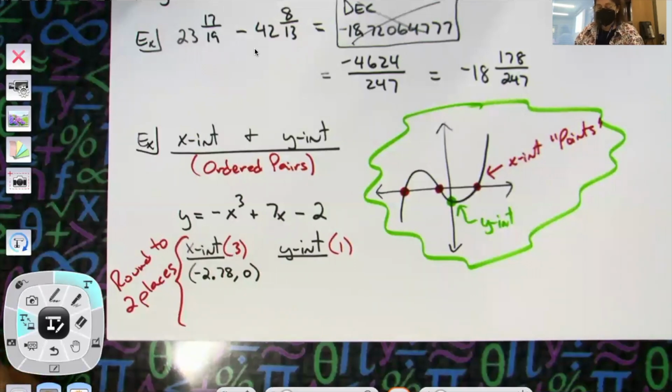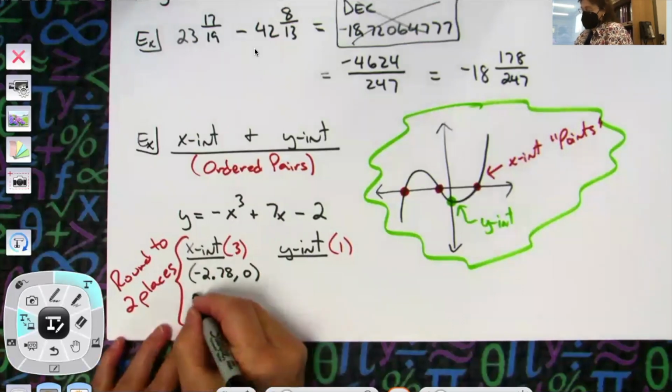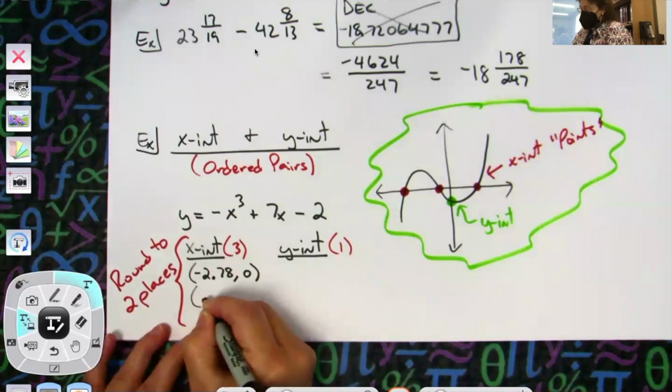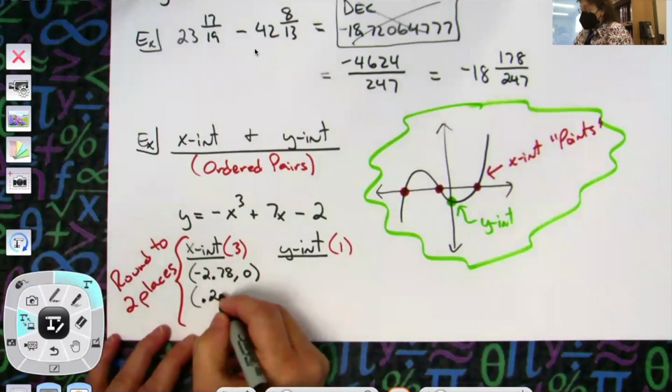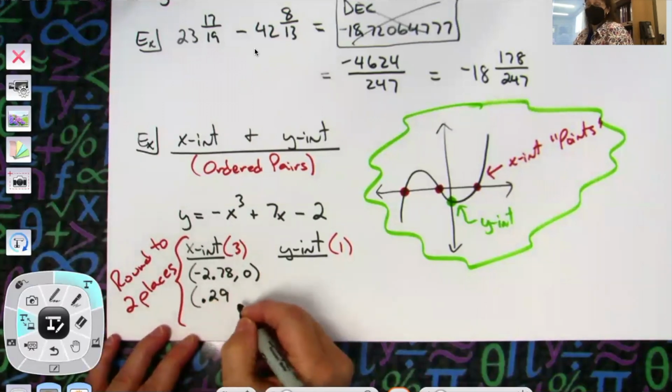I'm going to find the second one while you are trying to find it as well. Okay, I found the second one, 0.29 if I round out to 2 places, because it's 0.28916 something, something.